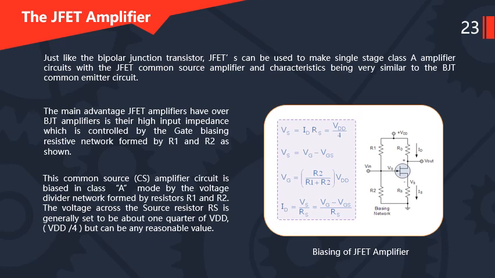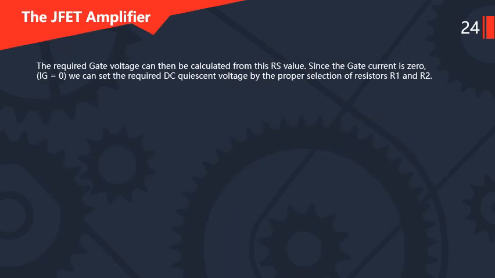So these are the formulas of Vs, Vg and Id: source voltage, gate voltage and the drain current. The required gate voltage can then be calculated from the Rs value. Since the gate current is 0, Ig is equal to 0. We can set the required DC quiescent voltage by the proper selection of the resistors R1 and R2.